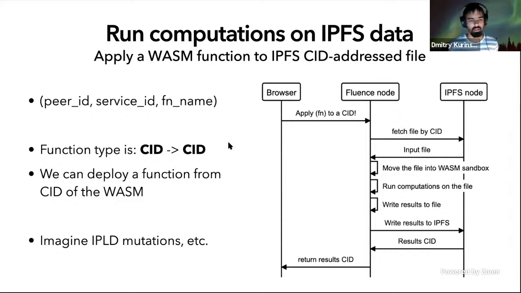Actually, functions on the Fluence network are addressed by 3 parts. It's the peer ID, service ID, and function name.